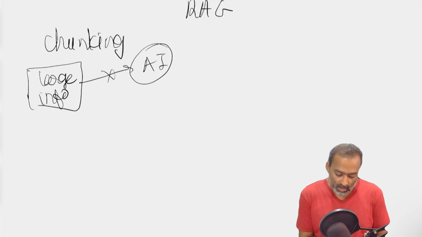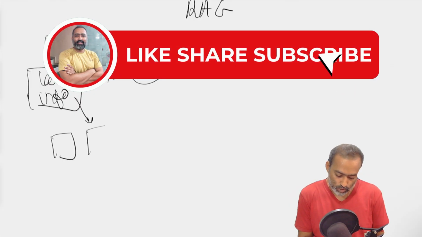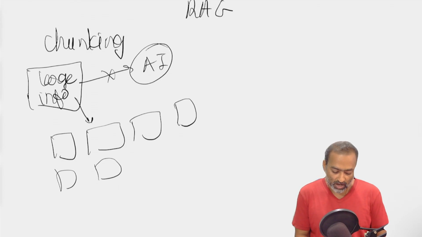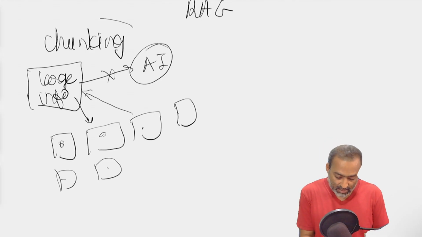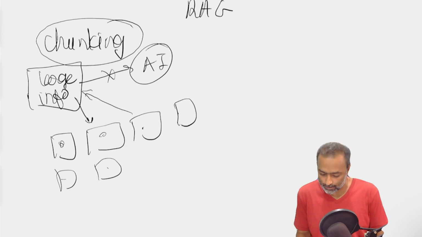So instead of feeding the whole large document to AI, we convert that into small pieces of information. Each of these contains some part of the large information. So that is chunking, and chunking is really important. There are many methods and many innovative styles with which we can do chunking of a large document.